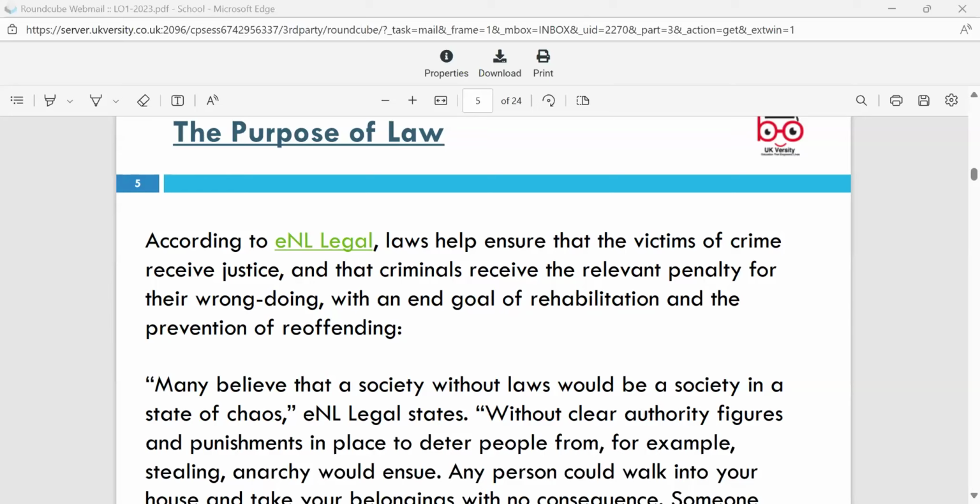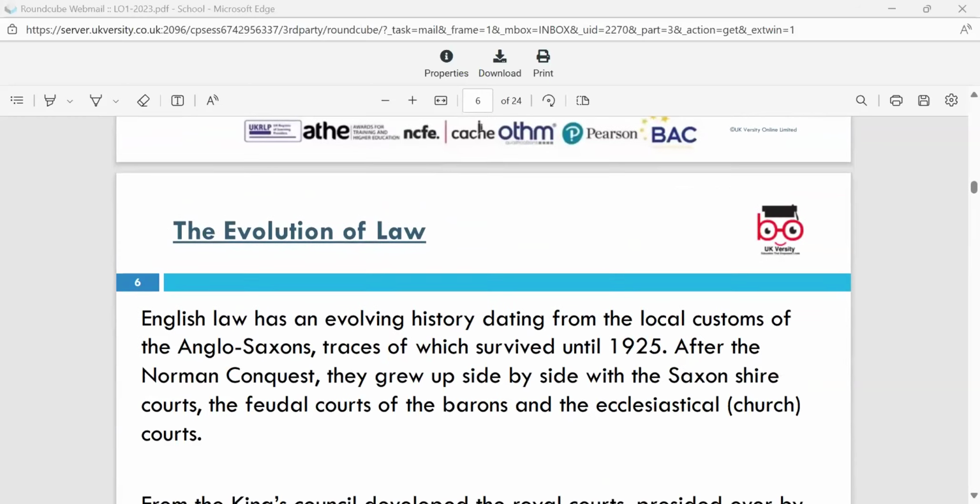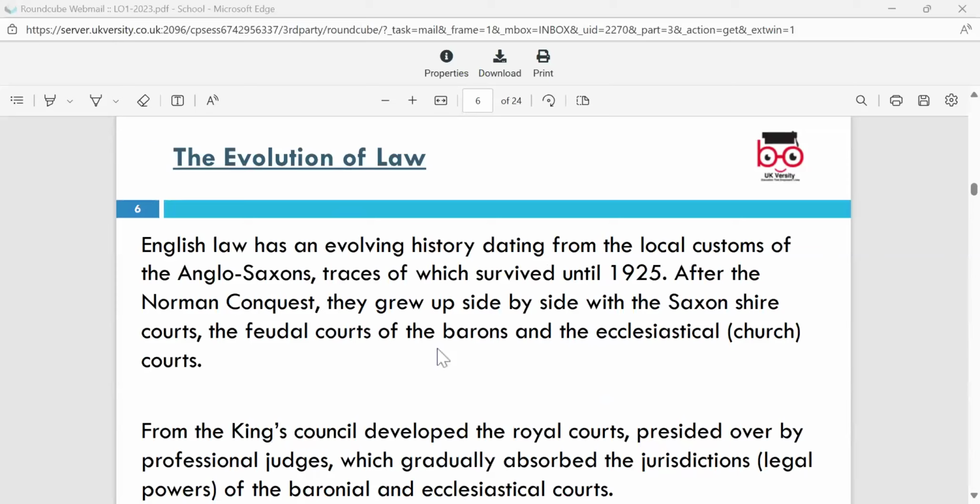So we look at the purpose of law. According to ENL legal, the laws are there to ensure that victims of crime receive the right penalty for what offenders do. And the evolution of law began a long, long time ago when customary rules were put in place in early societies, developing into more formal written codes and complex legal systems.